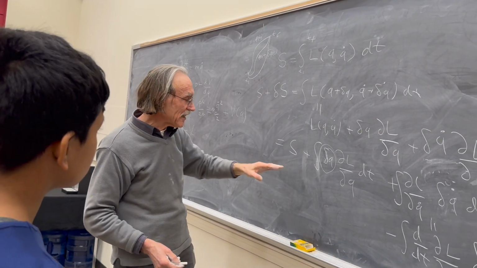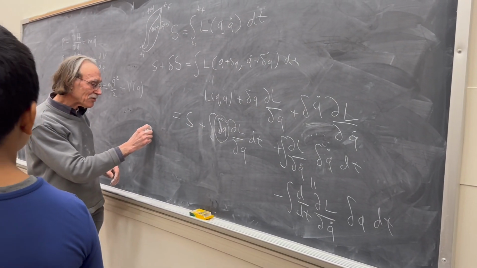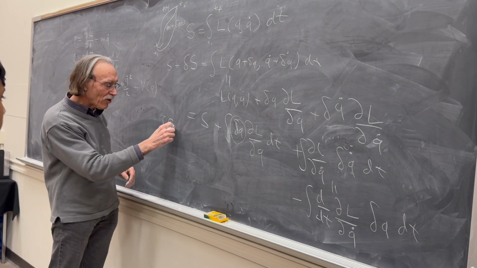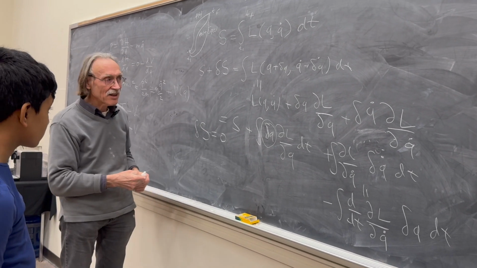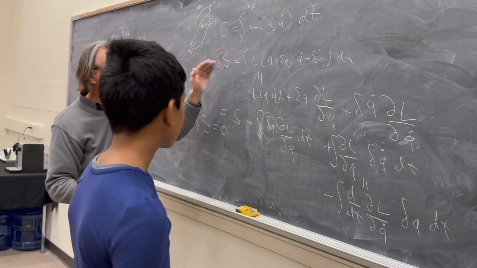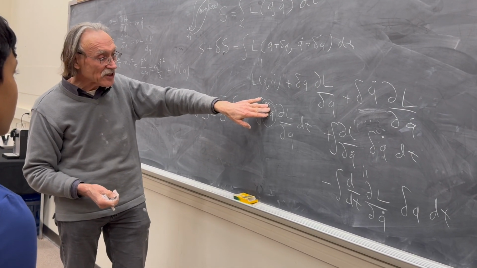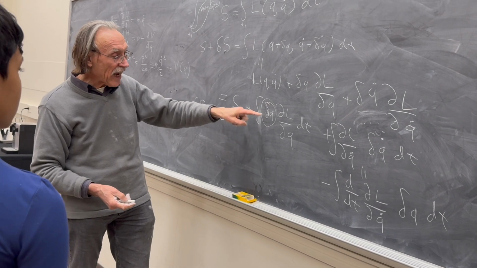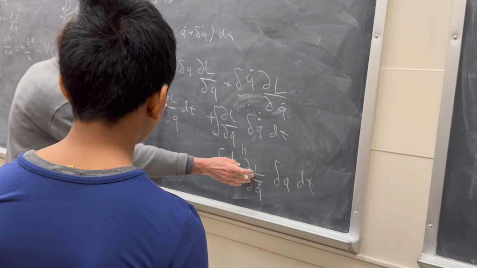So what I now say, and that's the variational principle, is that the equations of motion are given by delta S equals 0. So this must be equal to 0. When is this equal to 0 for all variations? That is the case when the coefficient vanishes.